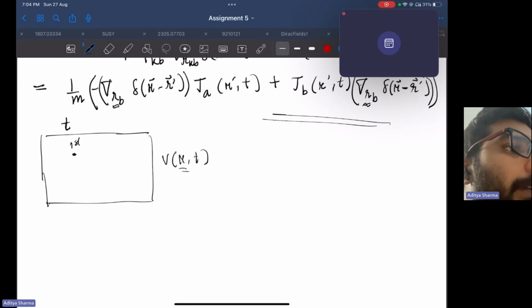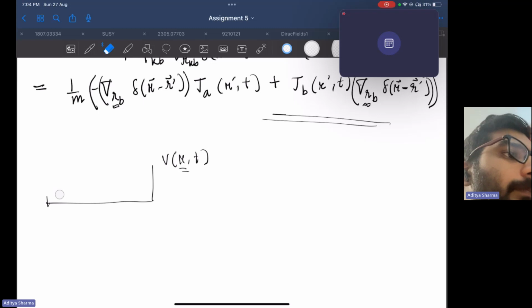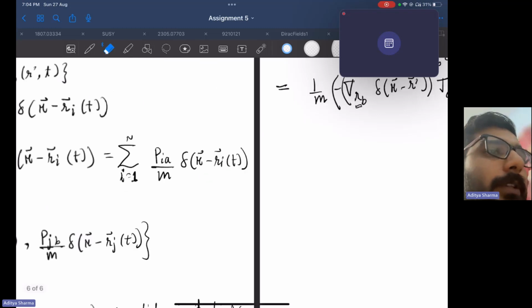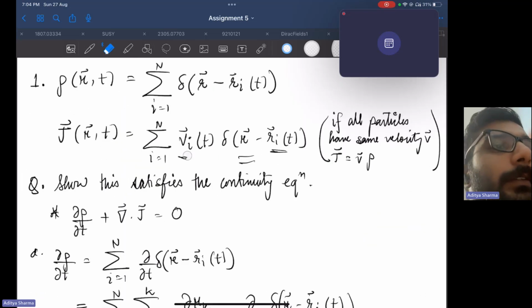Suppose this is the first particle. If it comes here, it's going to have v of r, t. If it is the second particle, it's also going to have v of r, t if it comes to this position. With that logic, at an instant, at a position r, t, if you have a particle, you can take this out.